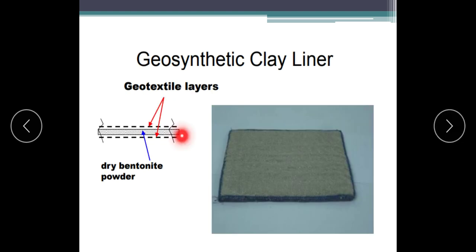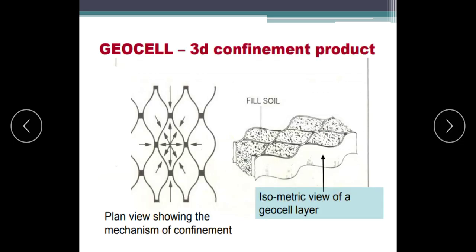So whenever there is a puncture to the liner system, the leachate may come in contact with the bentonite material. Bentonite is a highly expansive clay, which expands immediately and closes the gap there. So we call it a self repair mechanism.